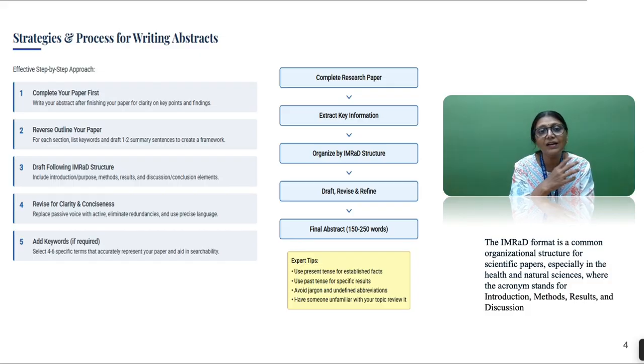So after completing everything, this abstract can be shared with people who are new to this area of research to check whether that reader can understand the content conveyed in the abstract, to check the clarity of the information shared.